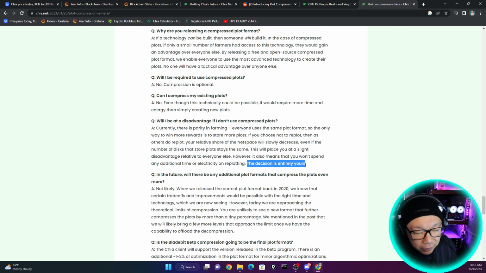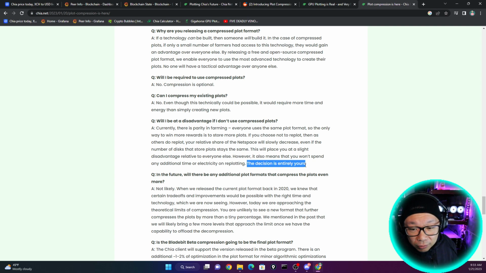So basically, if you choose not to replot, you will lose out in the long run, because anyone who joins the project now and decides to use compression in plots, I can guarantee you anyone who joins the project now is not going to say, oh, I want to go just the original NFT plots, no compression. I don't see that happening at this point.